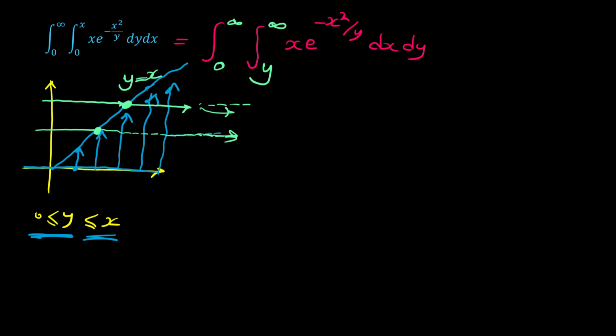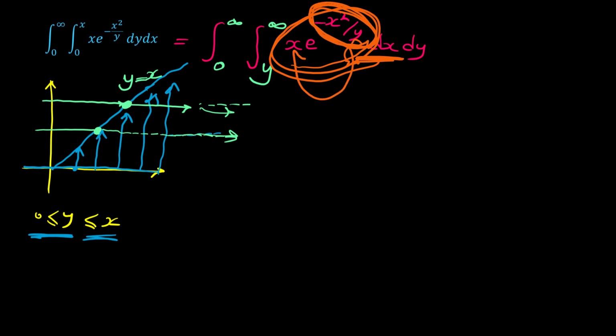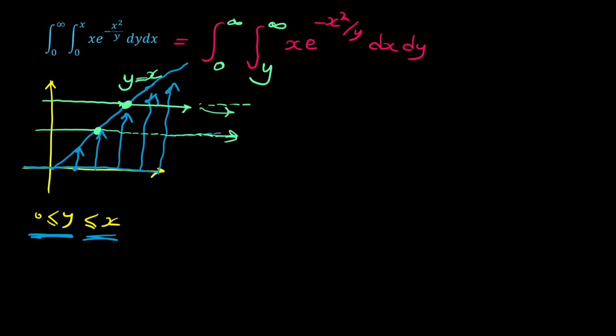Now that we have reversed the order of integration, we can find the integral of this function with respect to x. The reason is that if we suppose this as u, its derivative is almost here. du is almost here, not exactly, but almost. And so we can integrate this function with respect to x. The integral equals the integral from 0 to infinity of this function with a simple u substitution, which I will show you after I finish my calculation here.